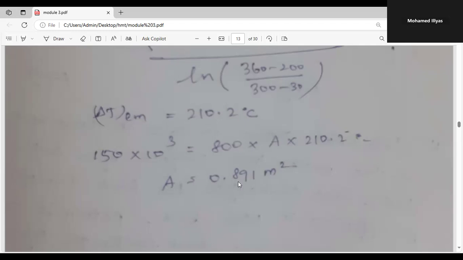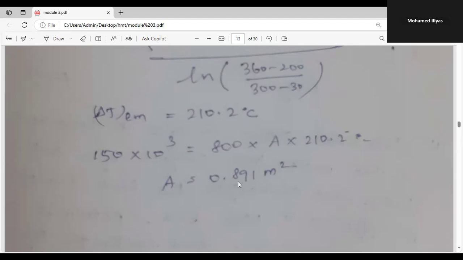So when the area is less, the physical size of the heat exchanger will be less. So it occupies less space, and since the physical size is relatively less, the cost will also be less here.